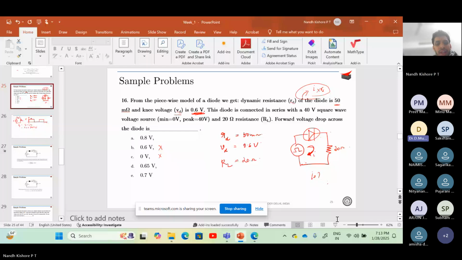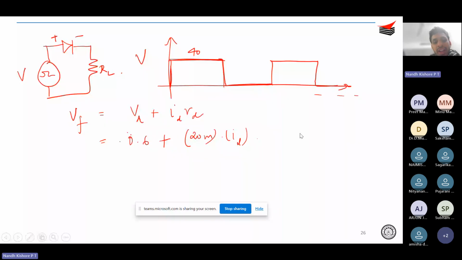Yeah. So we need to find out what is ID, right? So what is ID? Again, you can apply KVL. So you have a 40 volt source, right? And then there is a VD drop across the diode, right? So what is VD? 0.6.